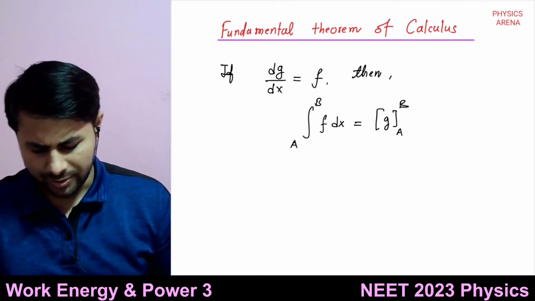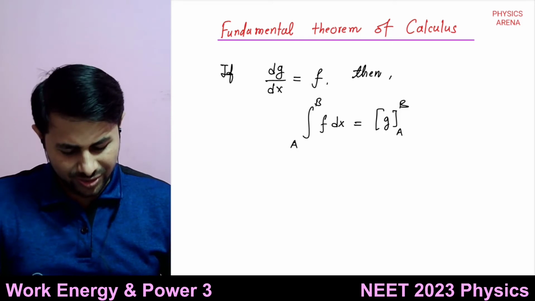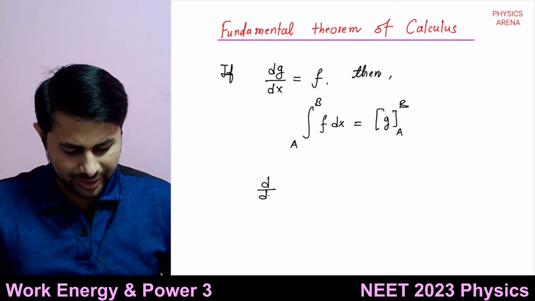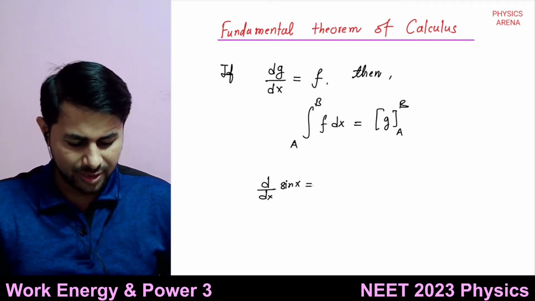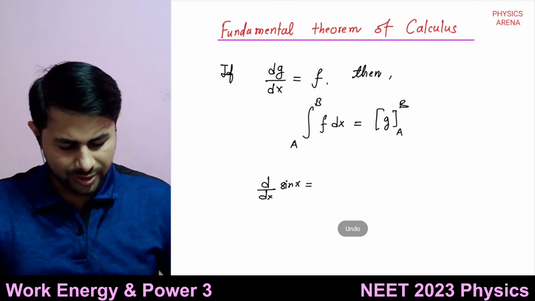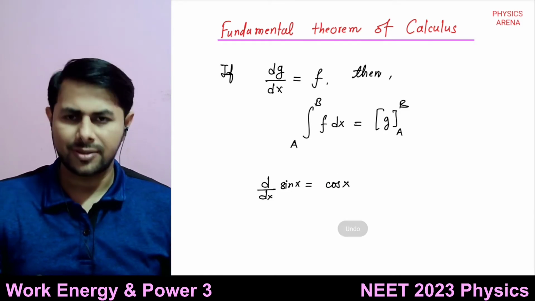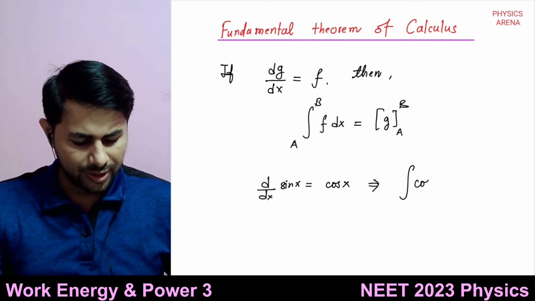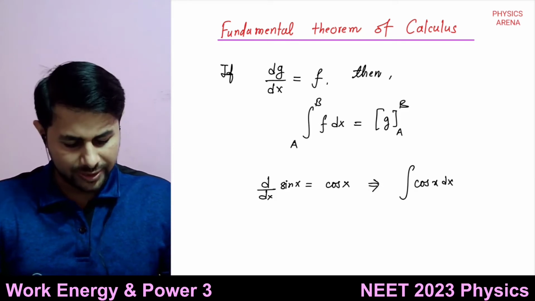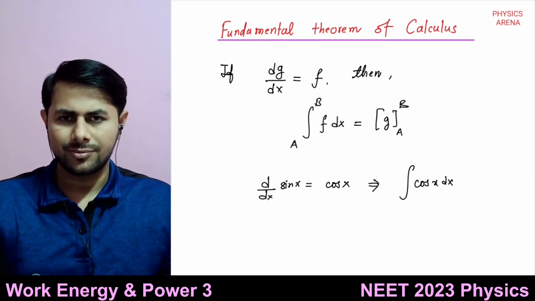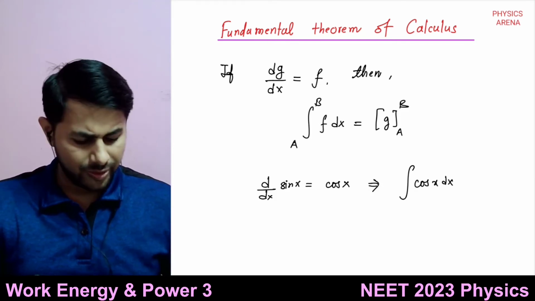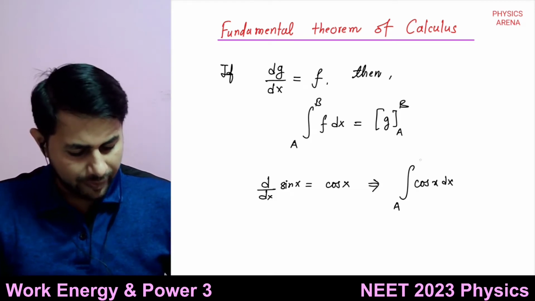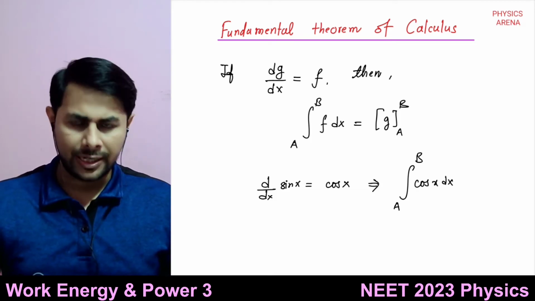Let's take an example. The derivative d by dx of sine x is cos x, right? Now if I integrate cos x dx, what is the integral of cos x from x equal to a to x equal to b?